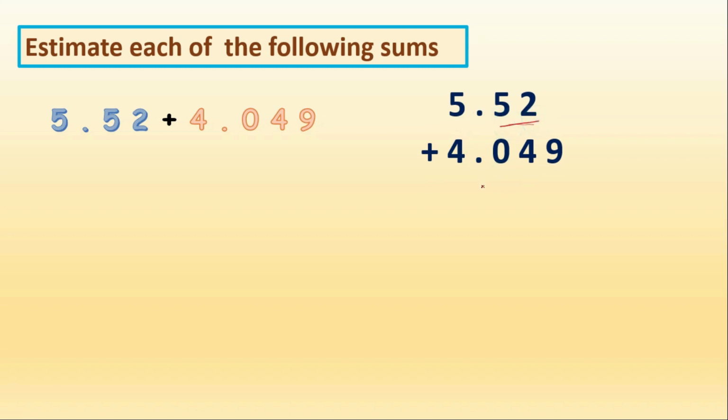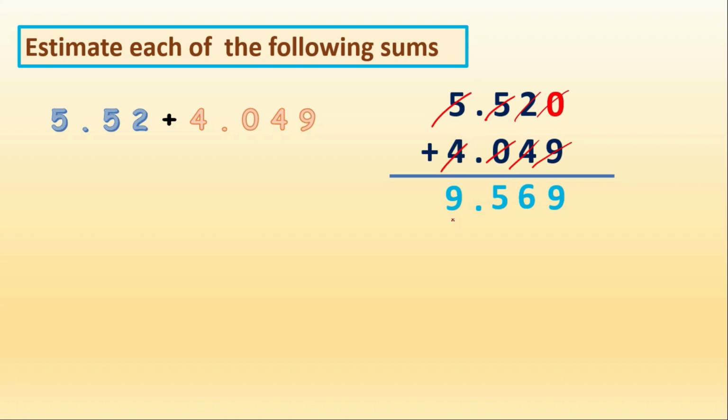Here there are only 2 digits, but here 3 digits. So we have to write 0, and then add. 0 plus 9 equals 9, 2 plus 4 equals 6, 5 plus 0 equals 5. Drop the decimal point, and then 5 plus 4 equals 9. Okay, that we have finished.